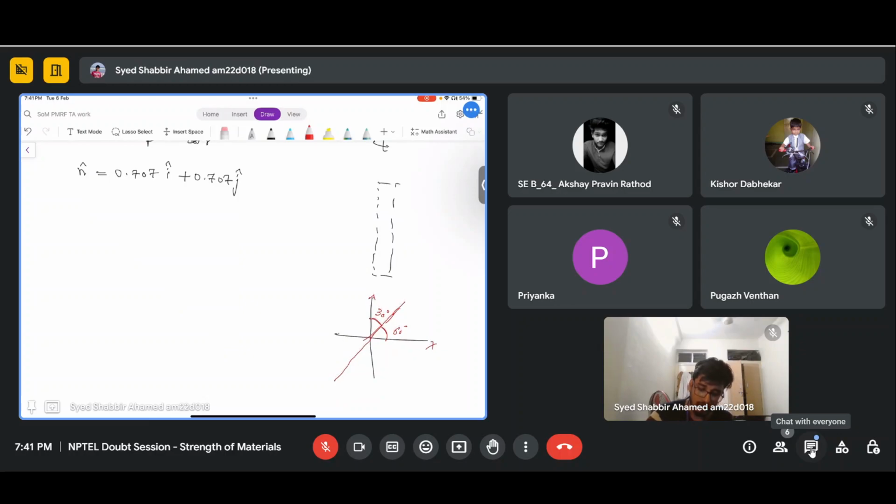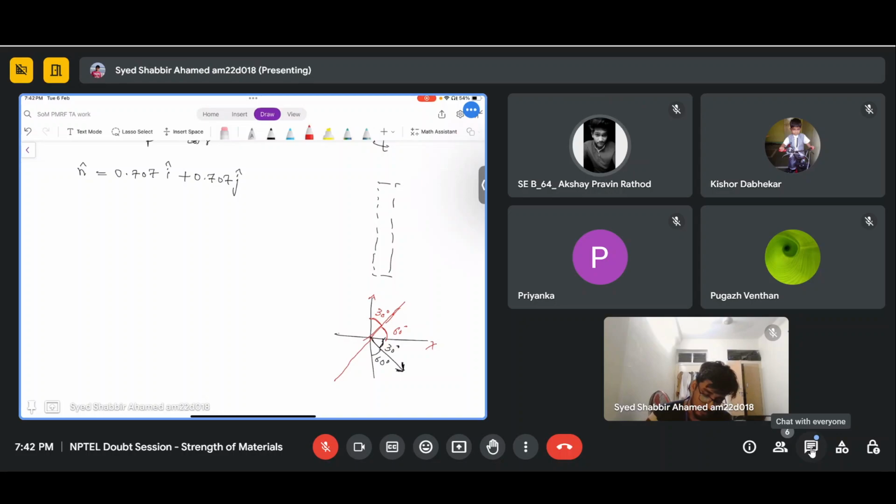So for this plane, the normal will be perpendicular to it, right? This is the normal, this is perpendicular. So you have this is 30 and this is again 60. I hope you are getting this.